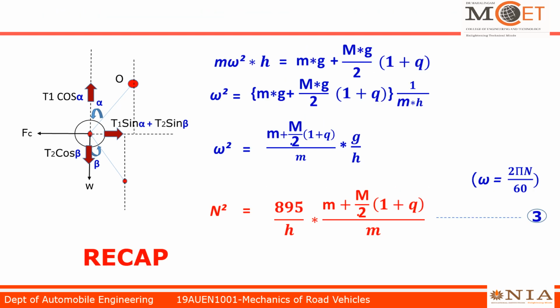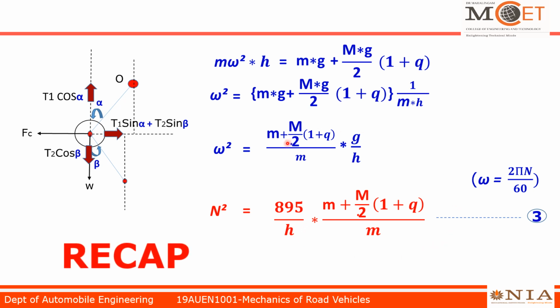And finally, by resolving of forces and a number of characteristics and assumptions, we got N squared equal to 895 by h into mass of ball plus central load divided by 2 into 1 plus q divided by ball mass. This is the relationship between speed of rotating masses and height of the governor.